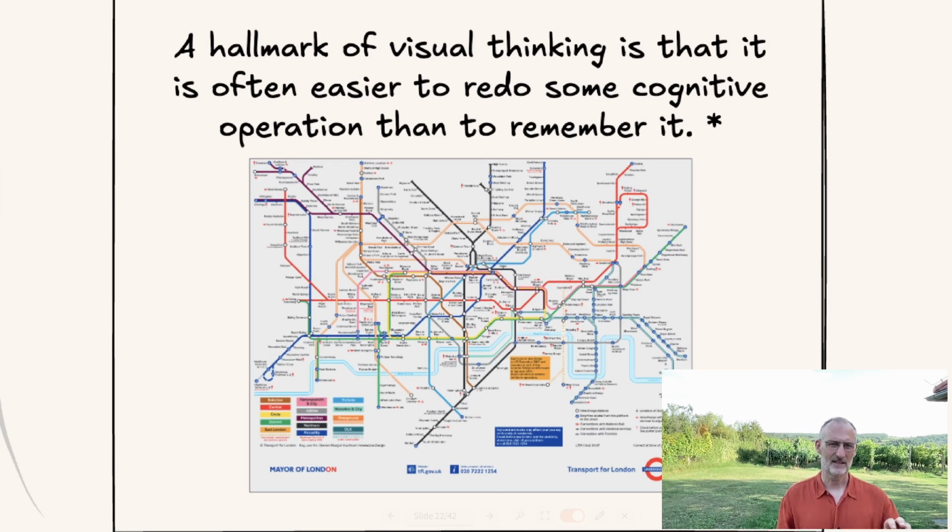The moment you can see your origin and destination and you can trace the line, you know which tube or subway you need to take to get from one station to the other. In this case, the pattern finding is actually your solution. And the hallmark of a good visual thinking tool is that it's easier to use the tool than to do everything in memory.